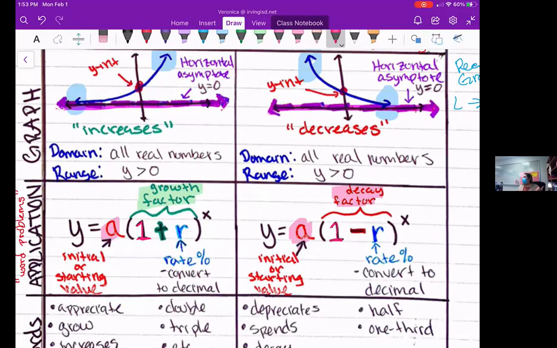Growing means to add. If something is decaying, then obviously it's losing something, so you would be subtracting. So the first thing we need to acknowledge is the common sense behind the adding and the subtracting. So you're going to grab your 100% and then add it, or grab your 100% and then subtract. Because that one is a decimal, it only makes sense for your rate percentage to be converted to a decimal so that they can match, okay?